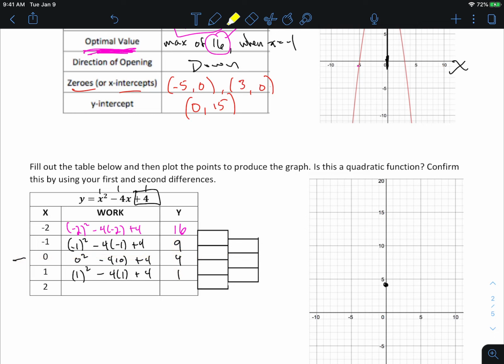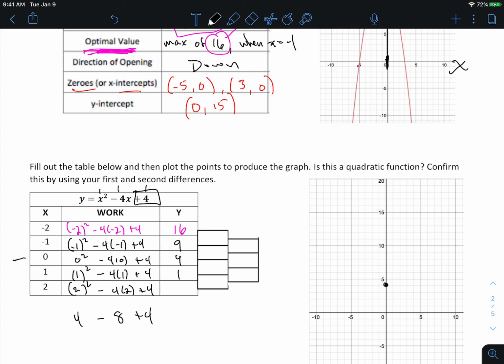So we'll just keep going. Let's do the next one. 2 squared minus 4 times 2 plus 4. So 2 times 2 is 4, so it's 4 minus 8 plus 4. Is that correct? Mm-hmm. Okay, so that's 4 plus 4. Remember what we can do?